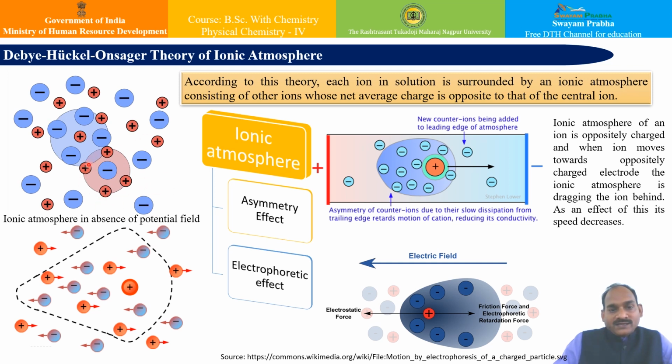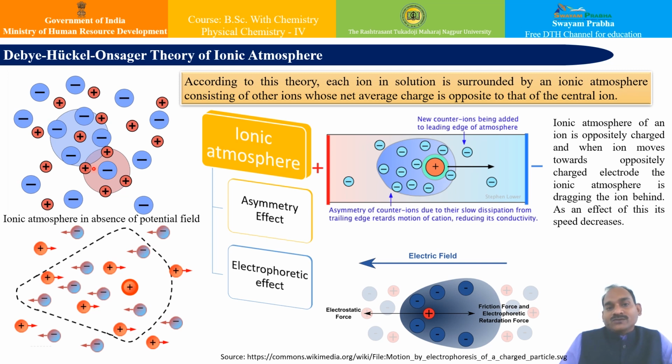All of these ions are surrounded by an ion atmosphere consisting of the other ions having opposite charge. See, this is positive surrounded by negative ions, negative surrounded by positive ions. Okay, and therefore the net average charge is opposite to that of the central ion, isn't it?